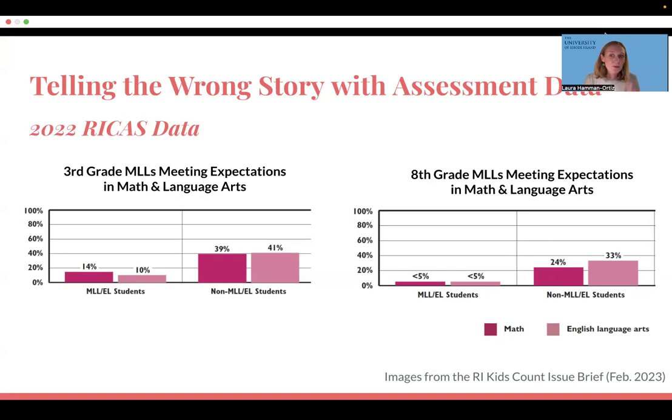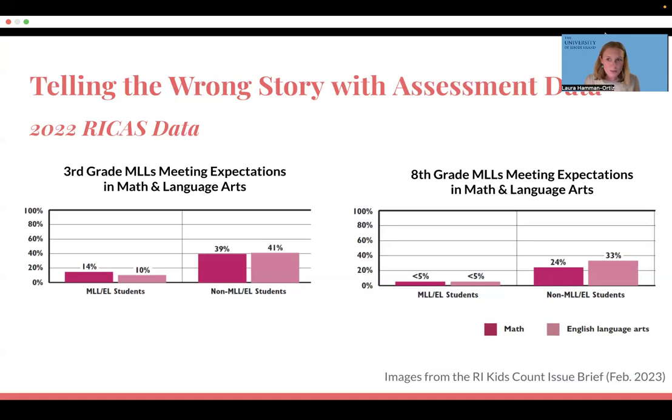And from a first glance, you can see there's a gap between MLL students and non-MLL students. However, if you think about what this data represents, it's actually quite meaningless, especially the data around language arts, because MLLs, by definition, are students who are still acquiring grade level English. They are not currently proficient in English. That is why they are called MLLs.